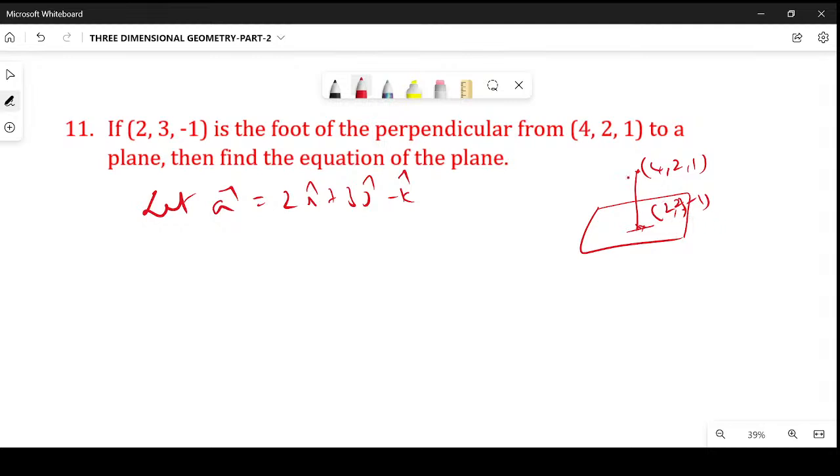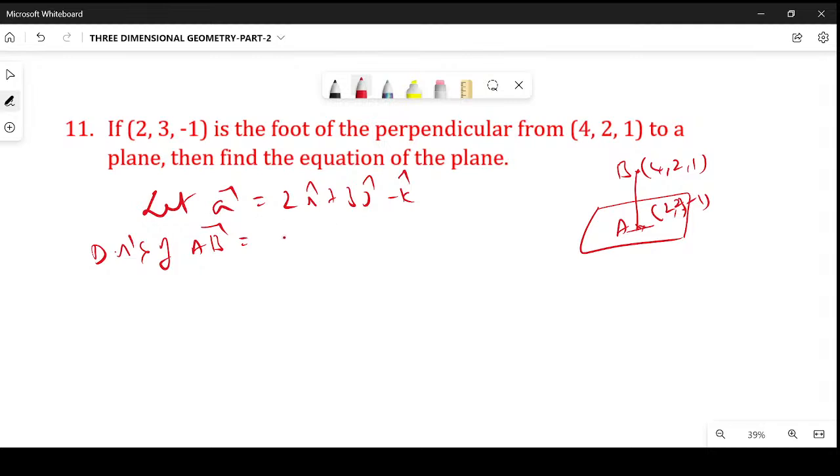Let this be the point A and this be the point B, so AB is the normal. I can find the DRs of AB bar. In the figure I have written AB like this.